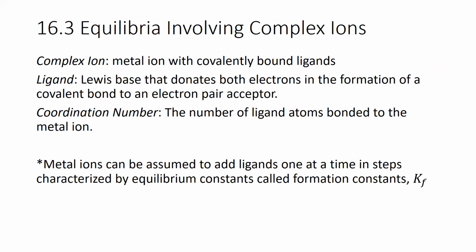And so we'll talk a little bit about what it is, and then the nature of the equilibria involving these complex ions. So first and foremost, a complex ion is, in a way, similar to your polyatomic ions in that there are a lot of atoms that compose this ion.